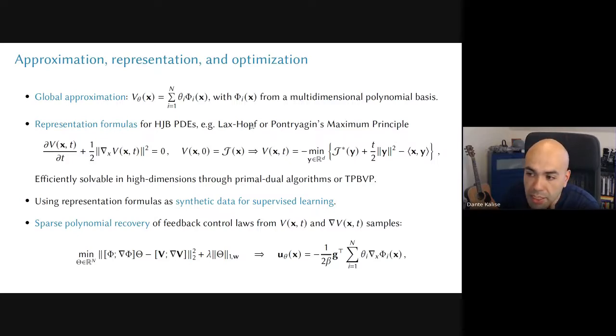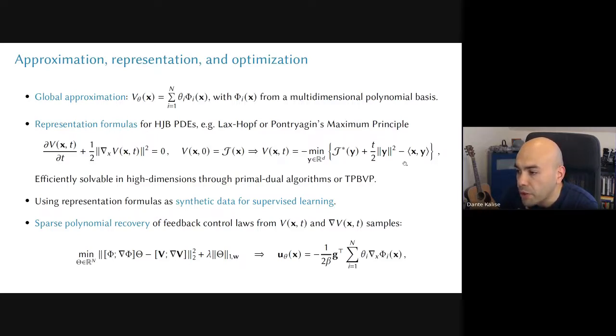This is called the Lax-Hopf formula. So you give me an x, t, I don't need to solve this PDE. Instead, you give me an x, t, and then given this Legendre transform, this is a conjugate, this is convex analysis, this is an object that I can compute based on the initial condition. This is just a convex analysis object.